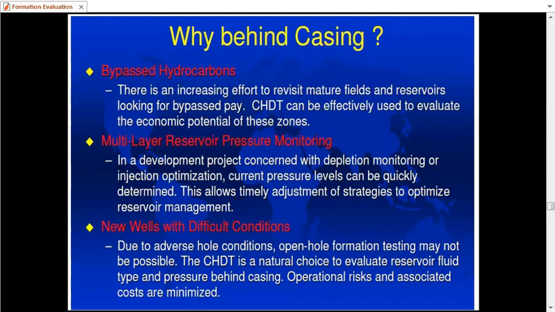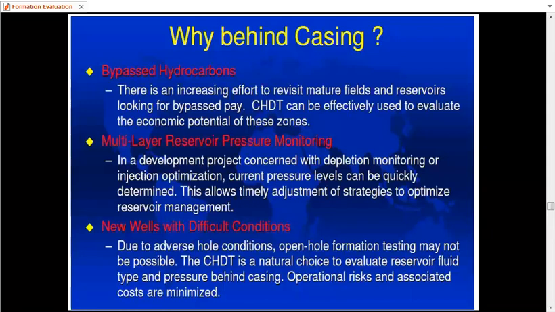The third and last reason is new wells with difficult conditions. Sometimes due to adverse hole conditions or critical hole conditions, open hole formation testing may not be possible.